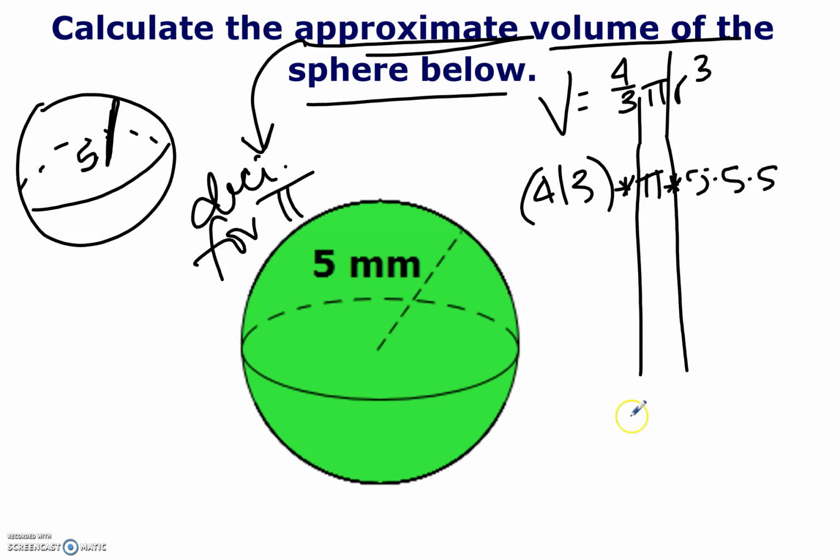And you should get about 523.33 repeating. And like I said, that should be an approximation because y'all have a pi button and I don't. Make sure you put your units and it is cubed.